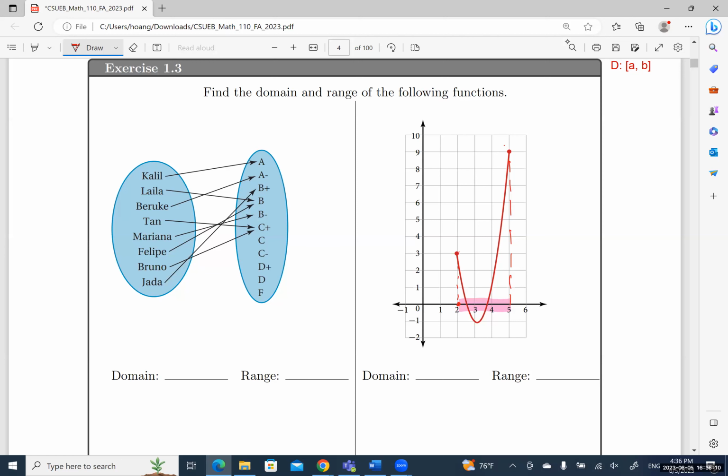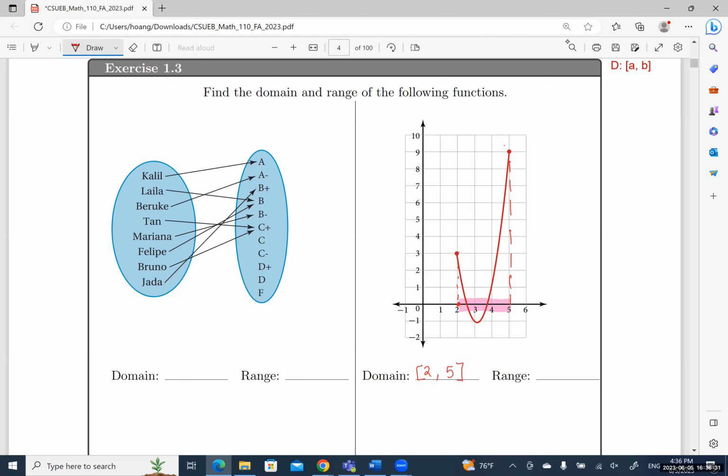So that means from 2 to 5. The notation I use is brackets, from 2, comma, 5, and then bracket.